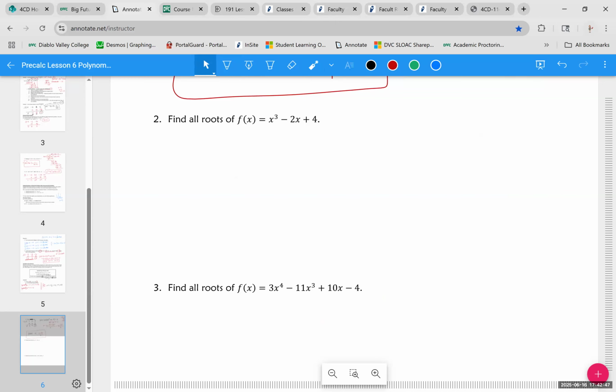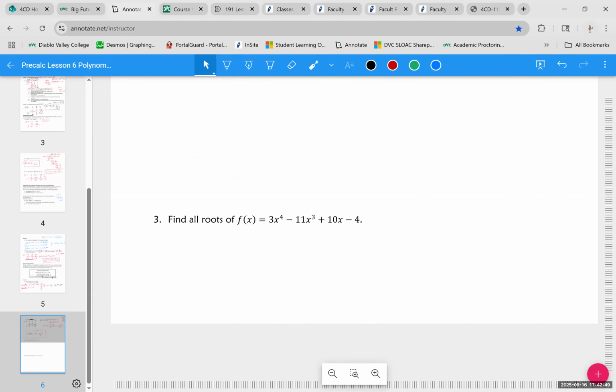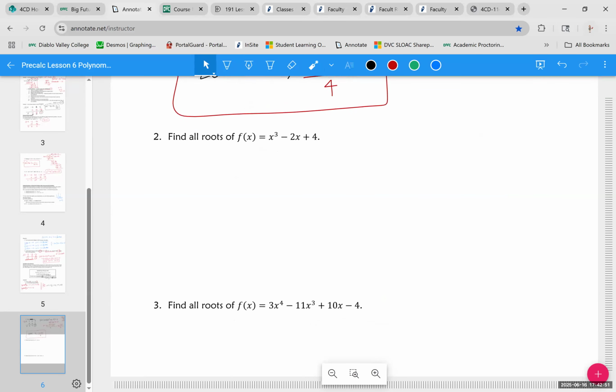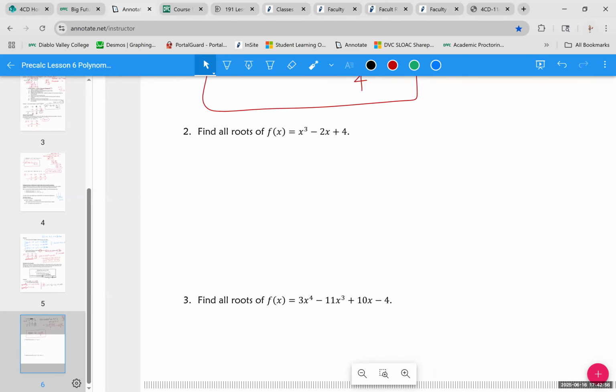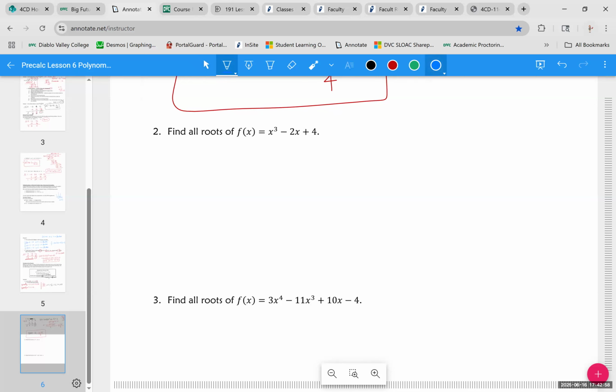Okay, there are 2 more problems similar to this. I do want you to give these a try and see if you can do the same thing, finding all the roots. Let me start you off by making our list of possible roots, right?